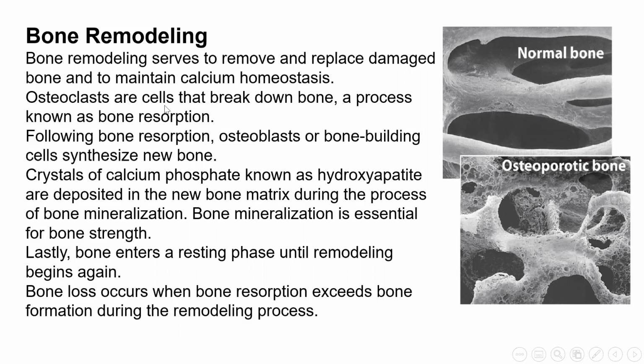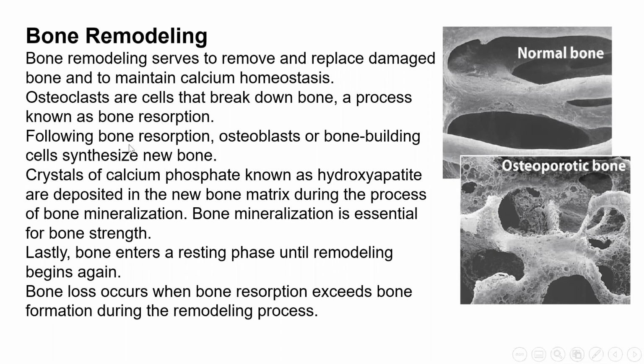Firstly, osteoclasts are known as the breakdown or destructive cells that break down bone and decrease bone strength and mass. The process led by these cells is known as bone resorption, which decreases the density of the bones.